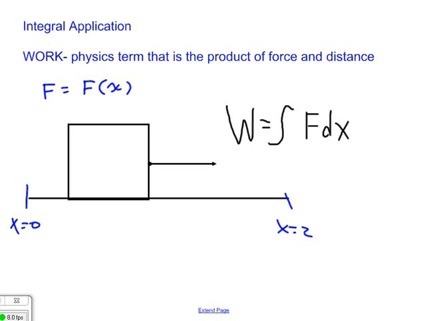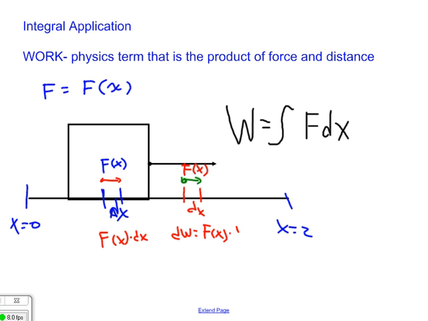At any given point, with a small cut delta x, the work that's done to bring it from here to here is f of x dx. If I made another cut, and called this dx, and at this point I've got some force f of x, that little bit of work, that little change in work, is f of x times dx.